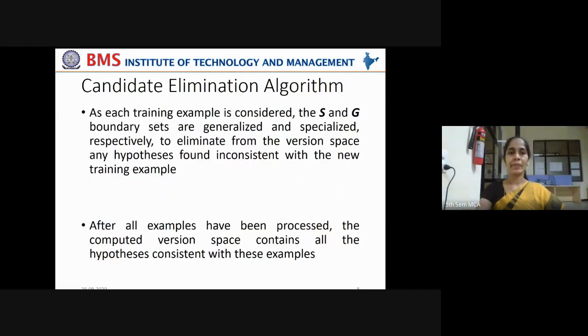Now, as each training example is considered, the S and G boundary sets are generalized and specialized respectively. Understand this? As the training examples are considered, S is generalized and G is specialized. G will be on this side and it moves towards more specific hypotheses.